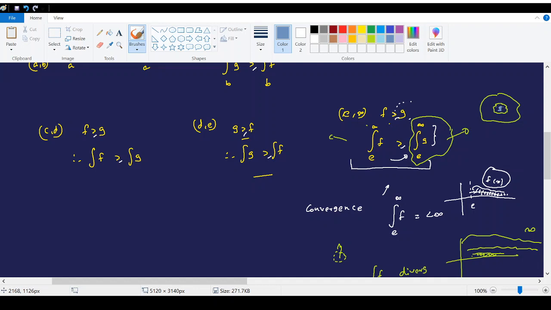In other words, if the smaller one diverges, then the larger one will definitely diverge. And if the larger one is finite, then there is no space for the smaller guy to explode. So definitely the smaller one will also converge.